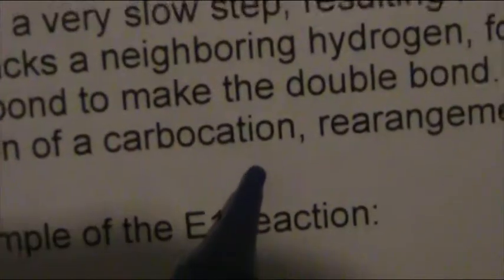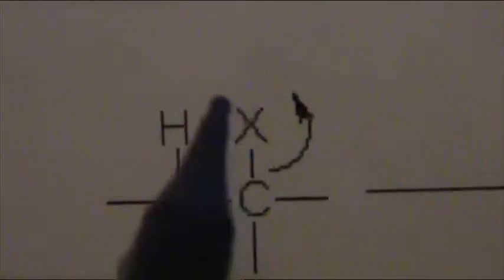Since this mechanism involves the formation of a carbocation, rearrangement can occur. Because the carbocation is formed when the halogen leaves and one molecule is involved, rearrangement can occur.